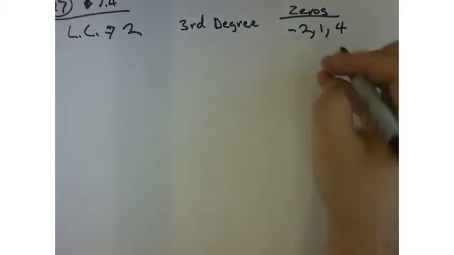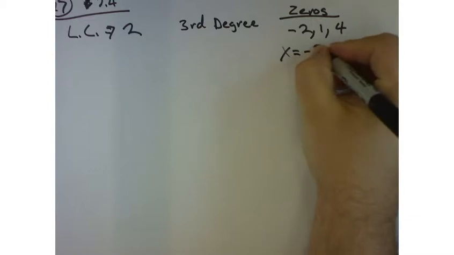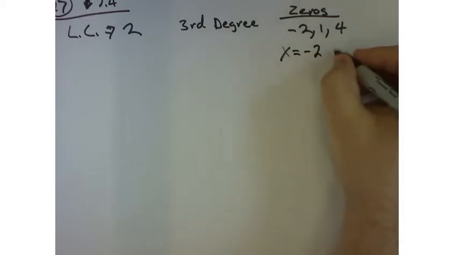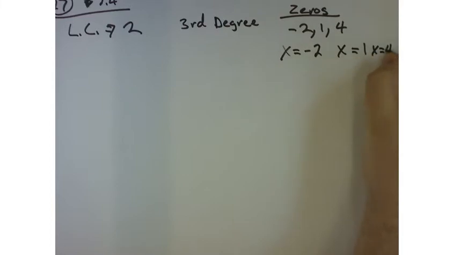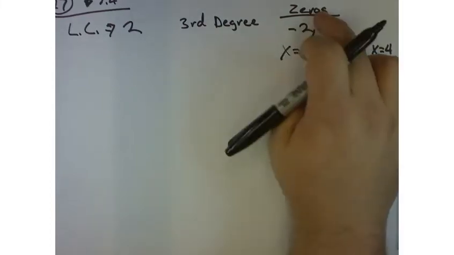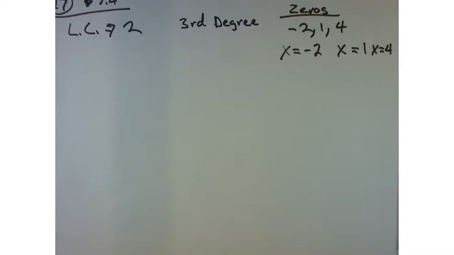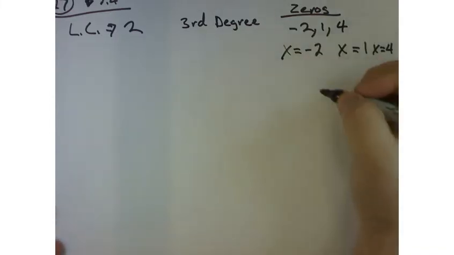Well, what this is saying is that x is equal to -2, x is equal to 1, and x is equal to 4. Now, if there's zeros, that means that each one of these had to be set equal to 0, right?